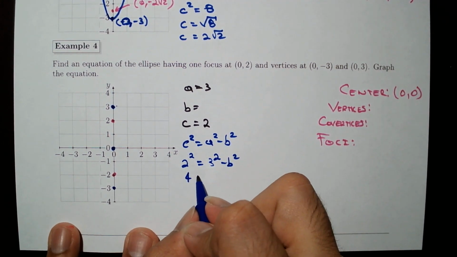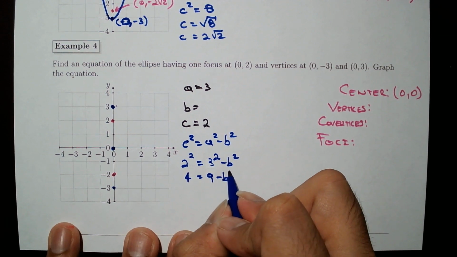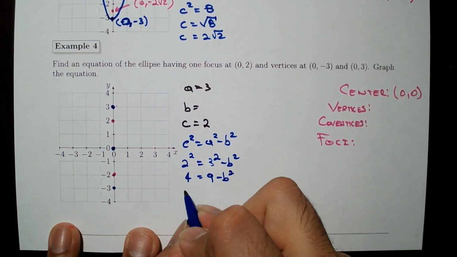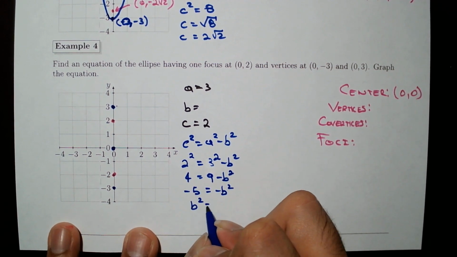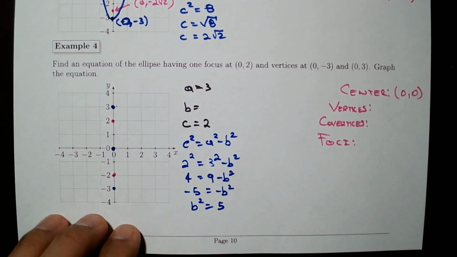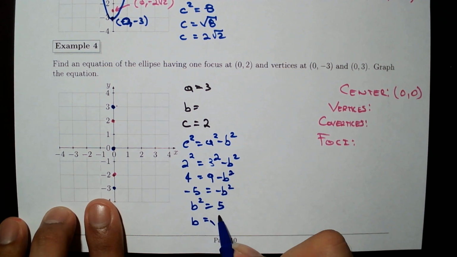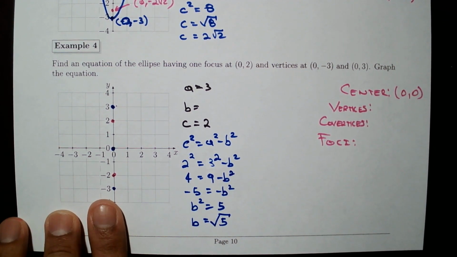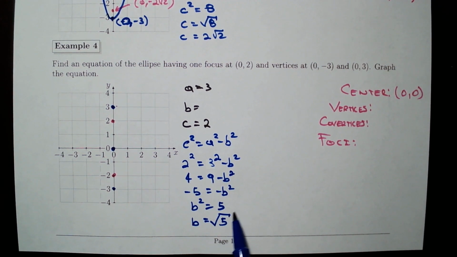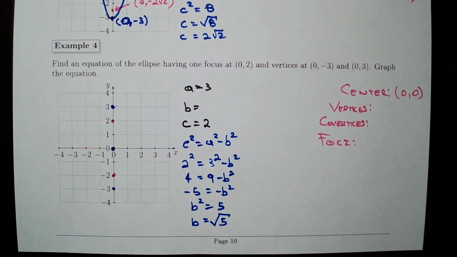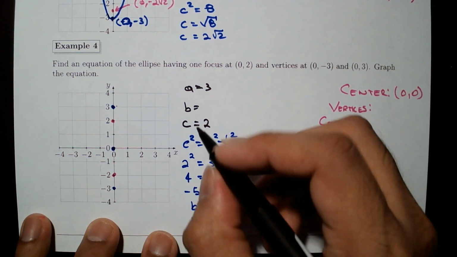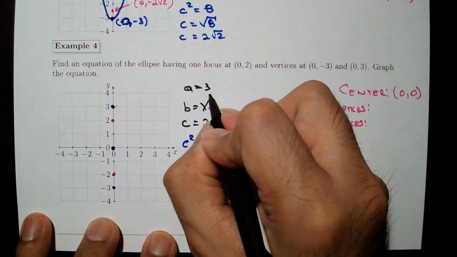That's going to be 4 equals 9 minus b squared. 4 minus 9 gives us -5 equals -b squared, so b squared equals 5, and b will be the square root of 5. In this case, 5 is a prime number, so we don't need to decompose the number the same way we did with the square root of 8 in the previous exercise. So we have the square root of 5.